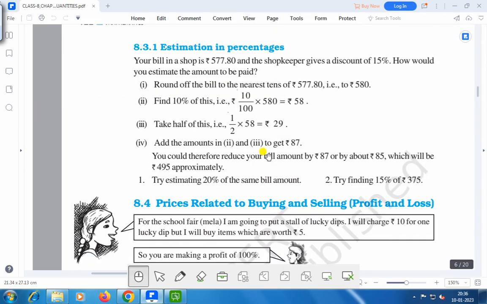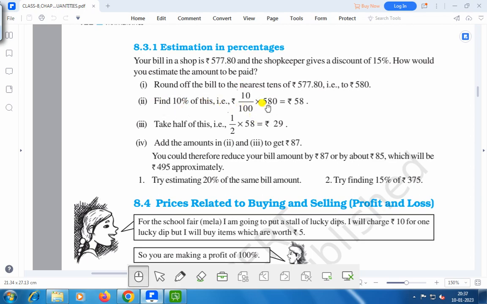Now, estimation in percentages. Your bill in a shop is rupees 577.80 and the shopkeeper gives a discount of 15%. How would you estimate the amount to be paid? Round up the bill to the nearest tens of 577.80, that is 580. Find 10% of this.